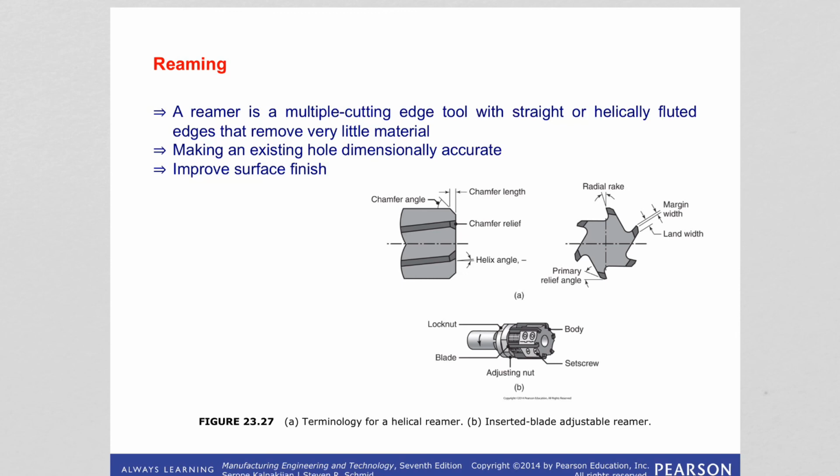It provides better surface finish, and we work on an existing hole to make it more dimensionally accurate. So the terminology for that reamer is given in this figure. You don't need to memorize these, but if you are interested you can learn about it, but I don't want you to memorize any parts of these. It is difficult to keep these things in mind.